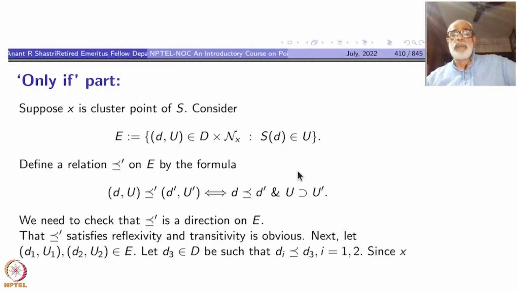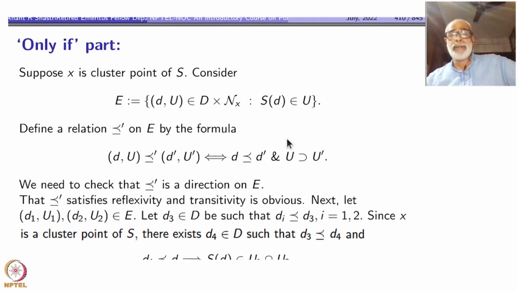Now the only if part. The only if part you have to work a little harder. Suppose X is a cluster point of S. I have to construct a subnet which converges to X. Such a thing is not possible in an arbitrary topological space with sequences.